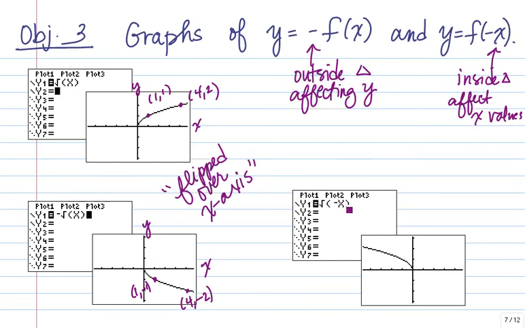The square root of negative x, so remember that f of negative x means to replace x with negative x, which is exactly what I did here, and look at the graph of this. It did what? It flipped the graph, so we're comparing it to the original function here. The original is going here, but now the square root of negative x is going here. So it actually flipped the graph over the y-axis.